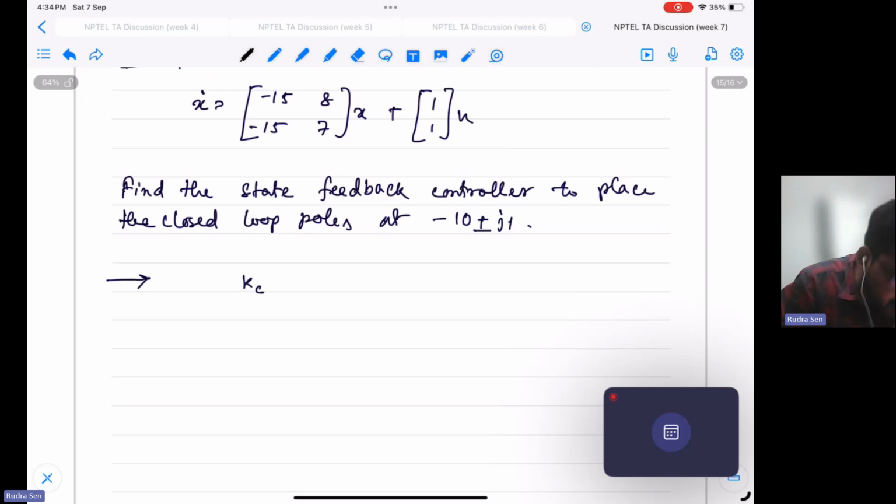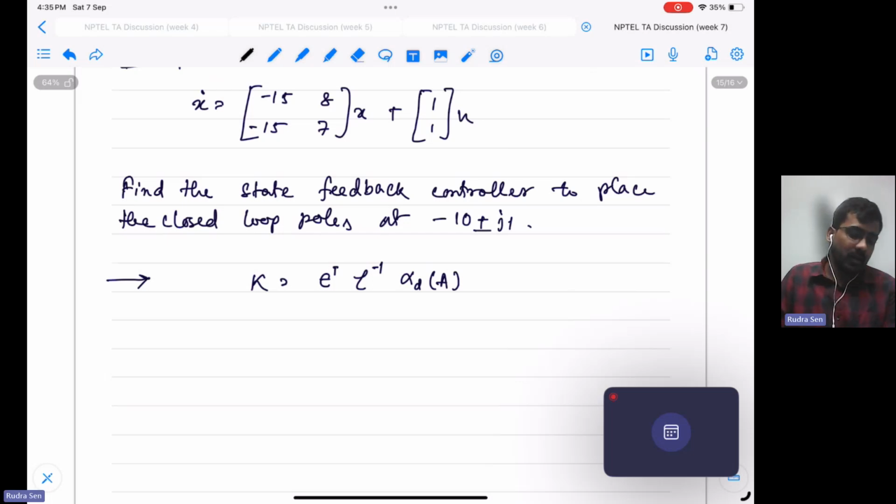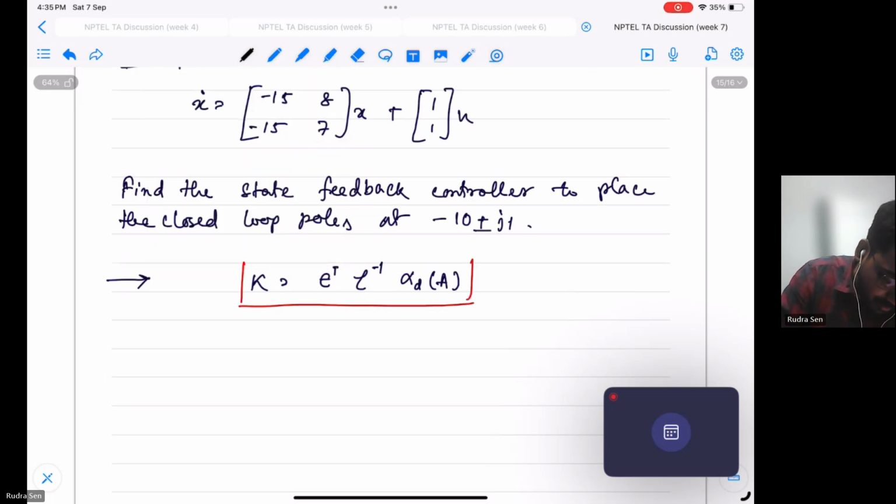So here we find out the K. Not Kc, it's better to put it as K. So this K is basically equal to E transpose C inverse alpha D of A. This is basically the formula.